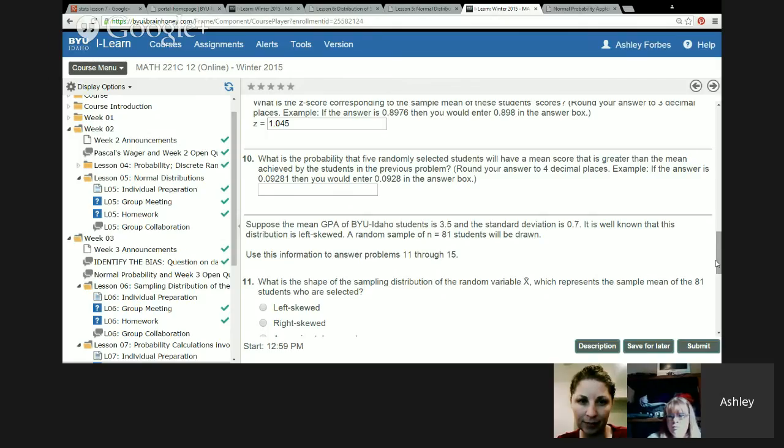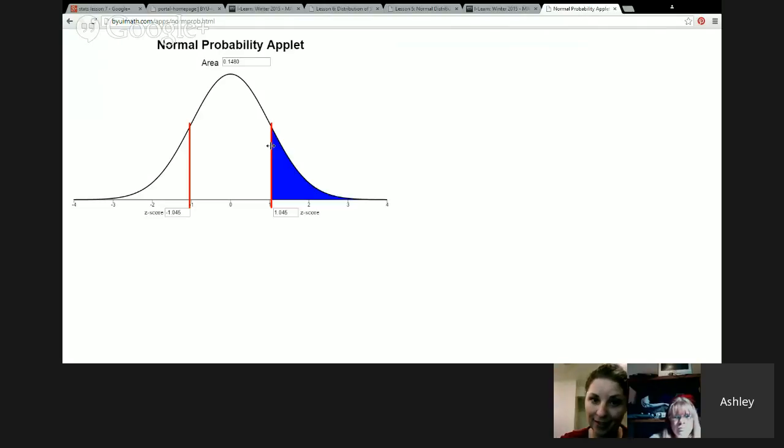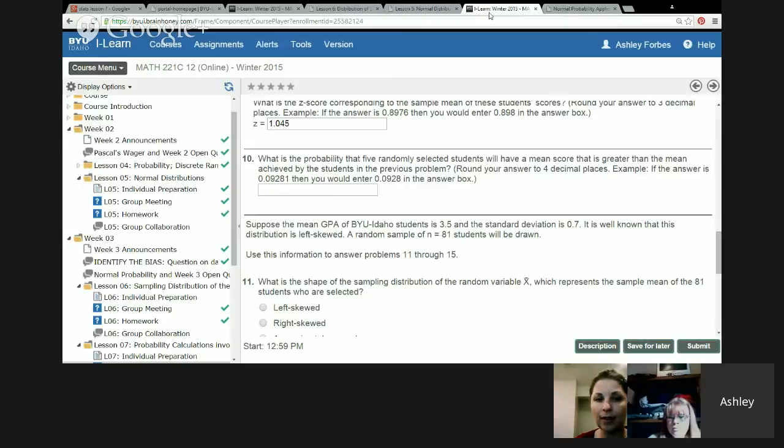So we just take the 1.045 and put it in the applet and shade greater than. Is this really the same thing? Oh wait, is it a sample? Wait a minute, guys.